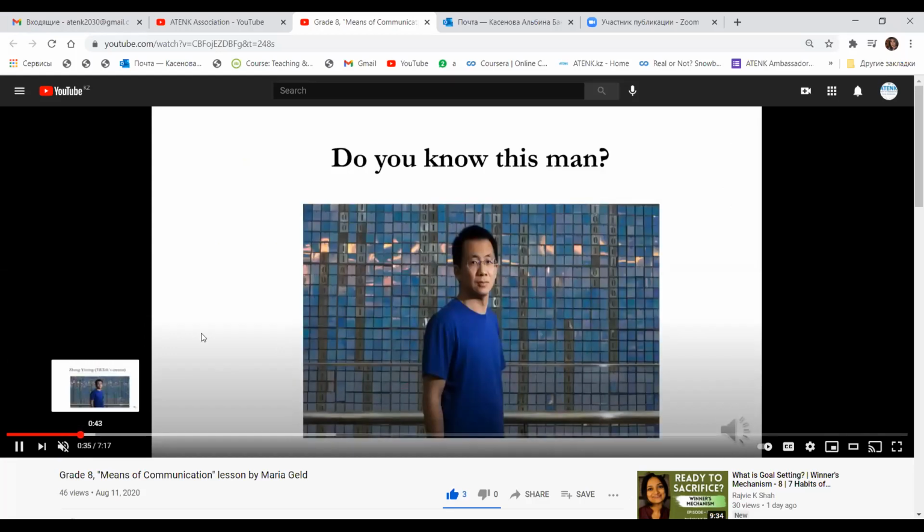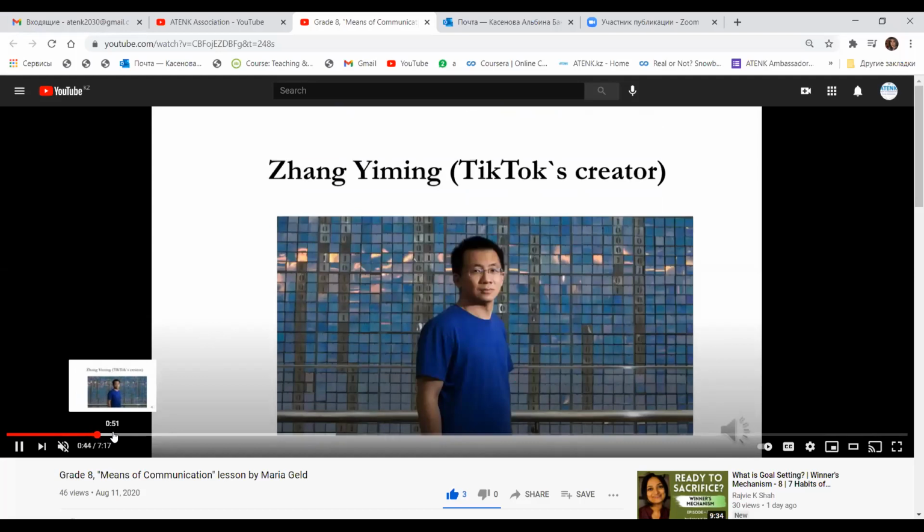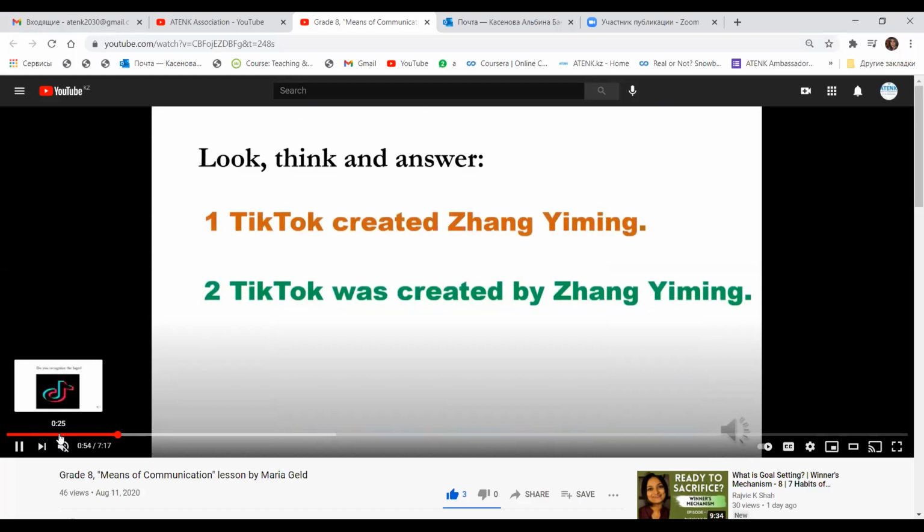And Albina, we shouldn't forget that when we use the inductive method, we apply students' critical thinking. We set questions and make them think. We don't think by ourselves. We make them think. So this is the difference between deductive and inductive ways.